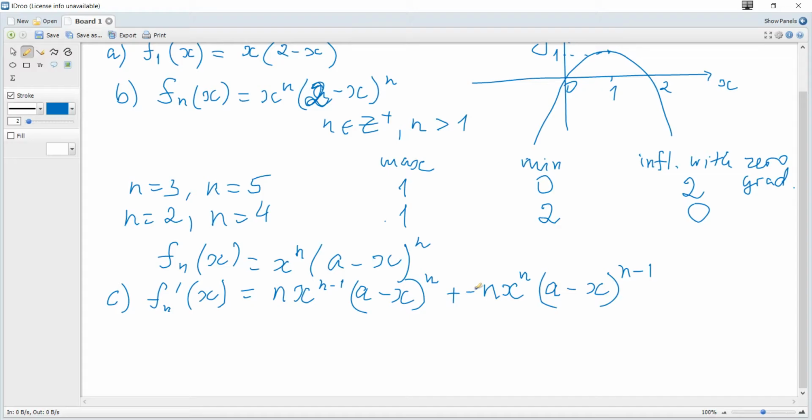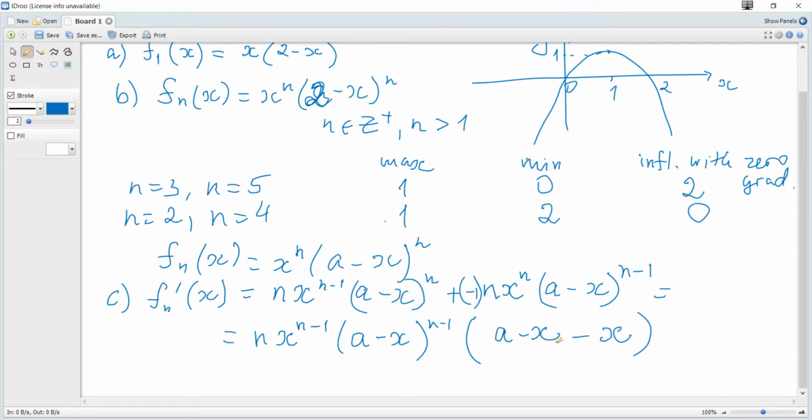so negative 1 also arises. And we can see that we can factor out n x to the power of n minus 1 and (a minus x) to the power of n minus 1 multiplied by (a minus x minus x).